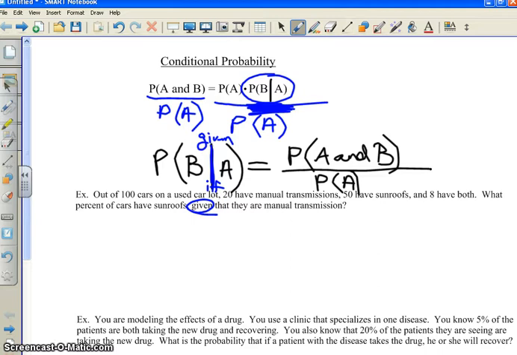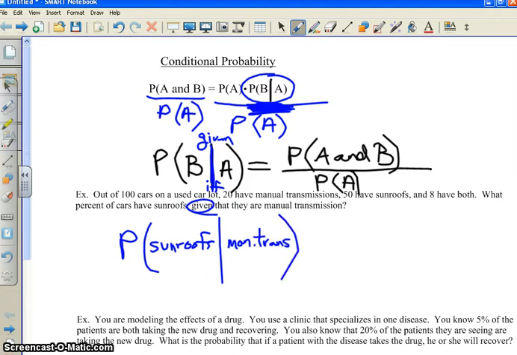What probability or what percent of cars have sunroofs given that they are manual transmission? So now looking at my setup up here in black, I know B is sunroofs and A is manual transmissions, just lining that up there.